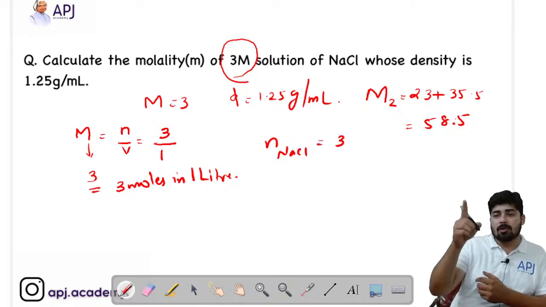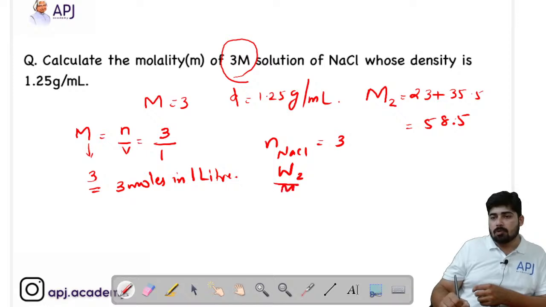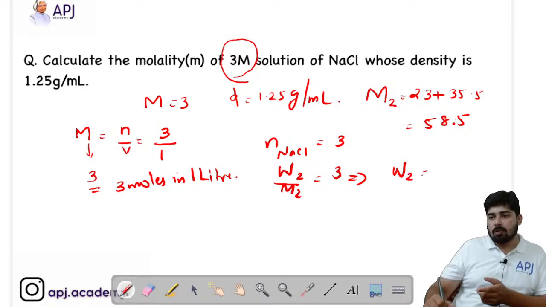So number of moles of NaCl is equal to 3. Now I have to find out the weight of NaCl. We can find it as W2 by M2 equal to 3. You know that weight by molar mass equals number of moles, and M2 we found is 58.5. So W2 equals 3 into 58.5.